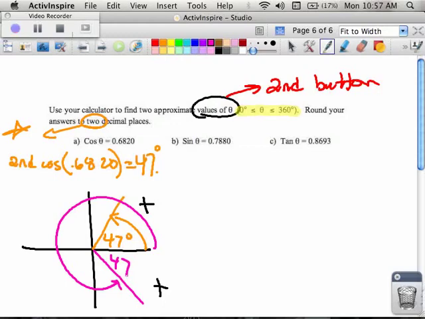If you're in the 4th quadrant, you take 360 minus 47, which means you're also looking for 313 degrees. So there are 2 answers, 47 degrees and 313 degrees. You have to have both to get full credit.